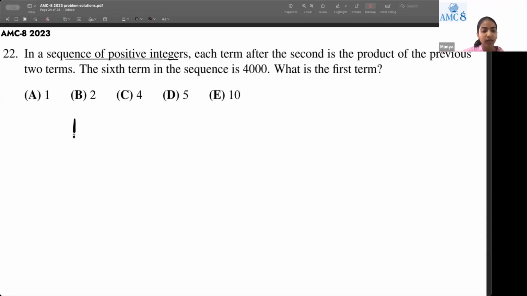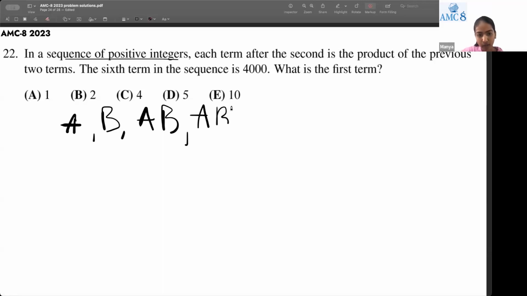So here we have, suppose that the first term is a. We don't know what the first term is, but suppose that it's a. The second term can be b. The third term must be the multiplication of the first and second terms, which is just ab. The fourth term is a times b squared, because a times b times b is ab squared.